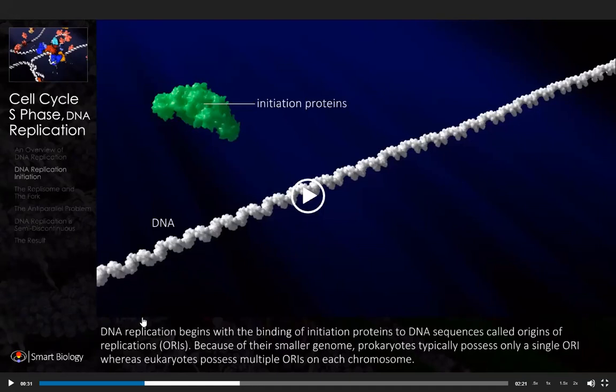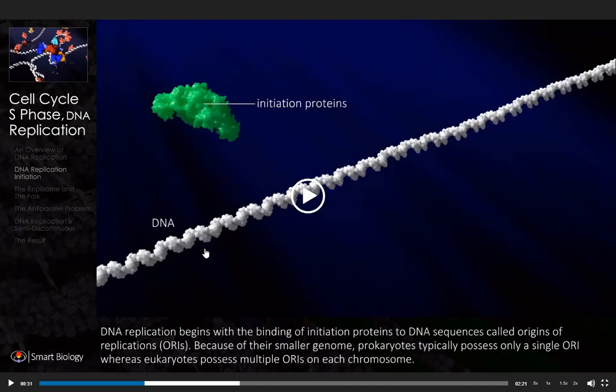In the case of prokaryotes, for example bacteria, the initiation of replication happens at a structure called ori, or origin of replication. This is a specific DNA sequence, and to that origin of replication an initiation protein will come and bind, and it will basically provide information to the DNA polymerase that the origin of replication is over here, and the DNA polymerase can now come and start synthesizing both strands of this DNA.